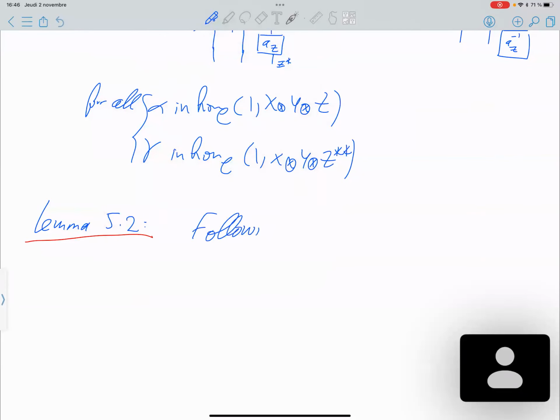So following the previous definition, gamma, so sigma, so what is that?